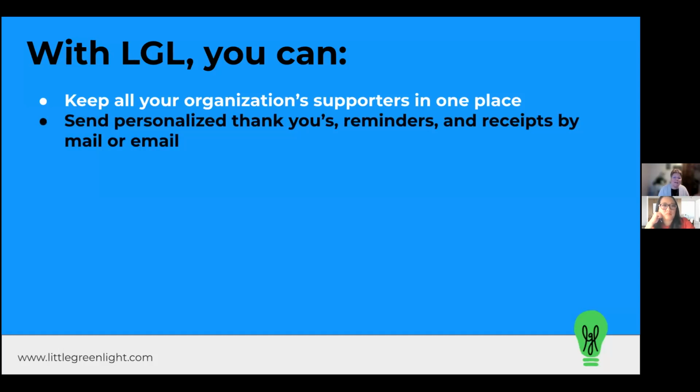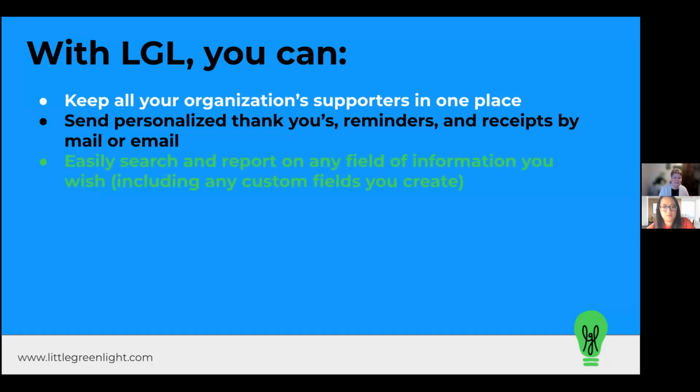With Little Green Light, you'll have abilities to do all sorts of things, but at its heart, we want to make it easy for you to communicate with your constituents and do so in a personalized way. So LGL does come with a built-in mailings process as well as an email functionality that allows you to send things like thank yous and reminders and receipts.